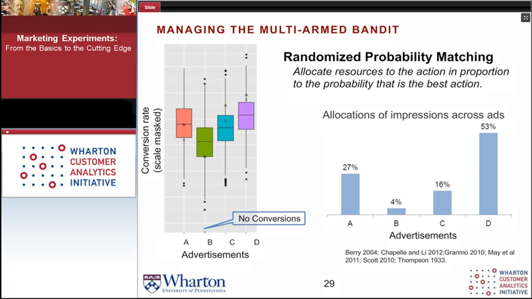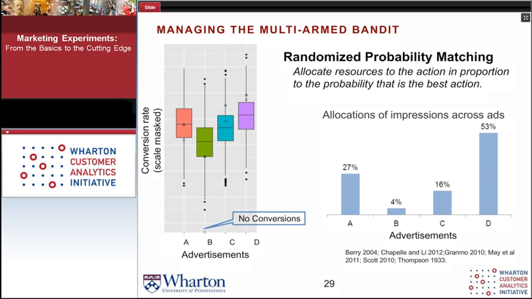Well, this approach known as randomized probability matching is a known and actually quite a good performing way to manage the multi-arm bandit. And what's actually nice about it is it can extend to these complicated settings with attributes and multiple contexts where we see the effects of these attributes differ across contexts.